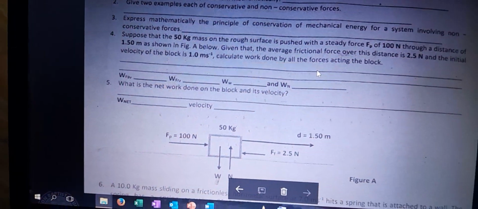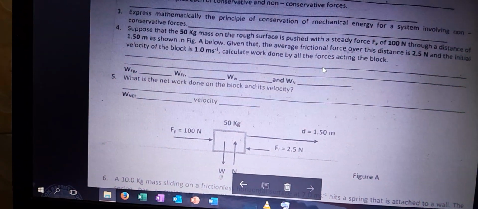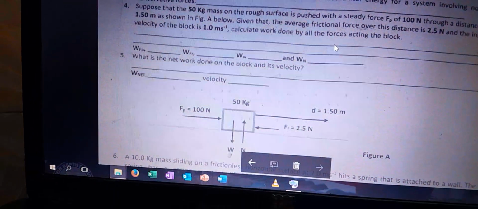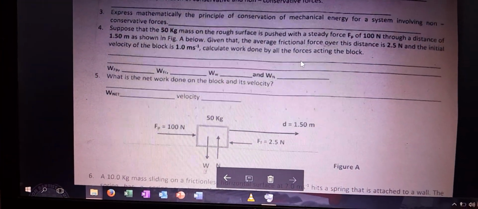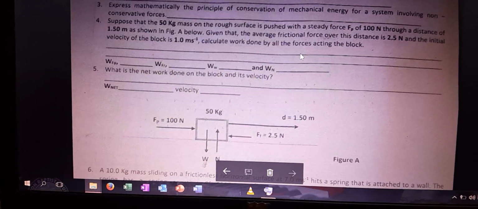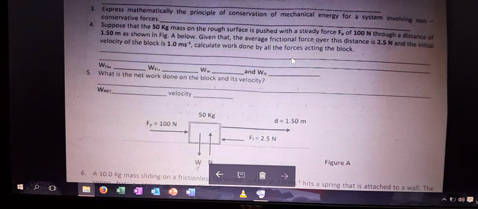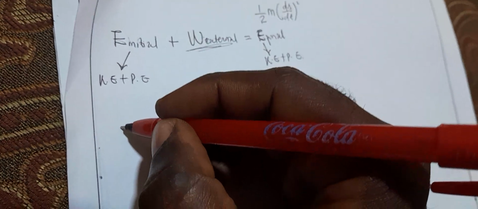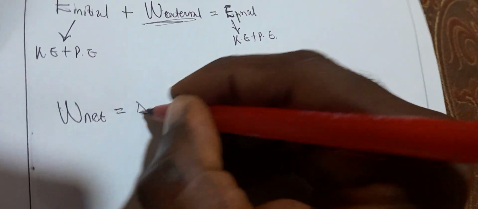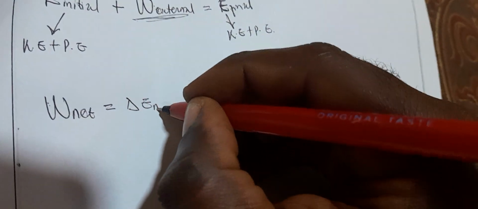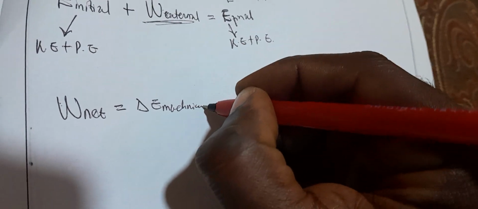Right, this is question 4. So let's dig into what we need. If you look at where we've been solving, you discover that it's kind of something progressive. So we will just solve it straight away. What we have is I would just write W, that's the total work done, equal to change in the mechanical energy.